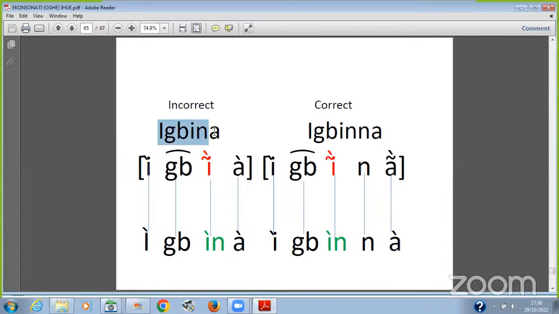Igbina. Igbina is written by many people like this.